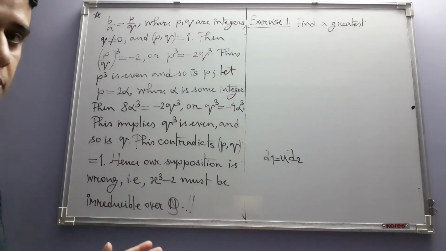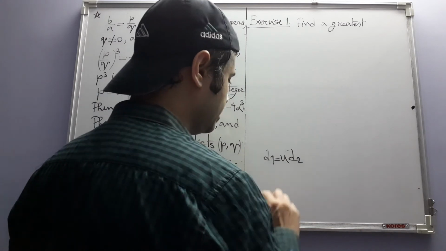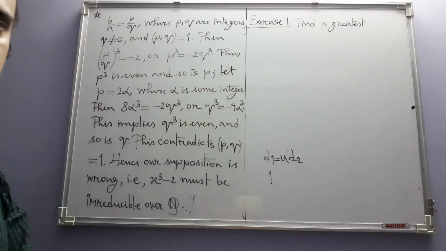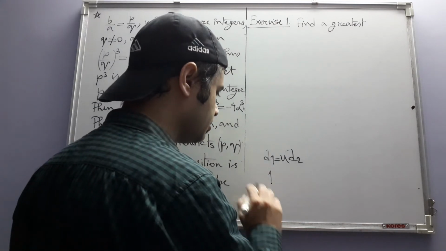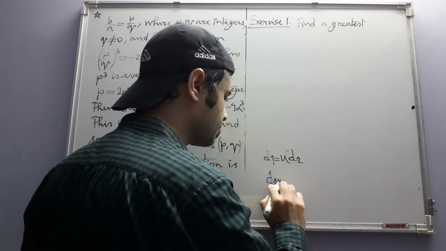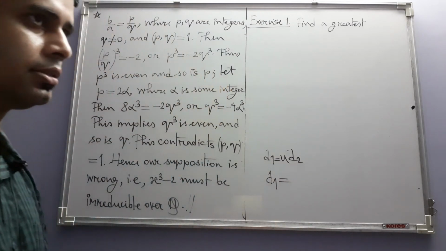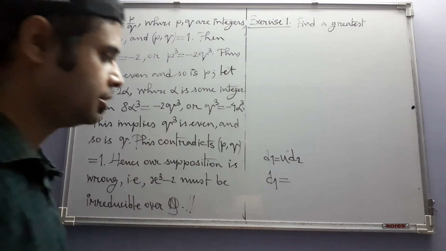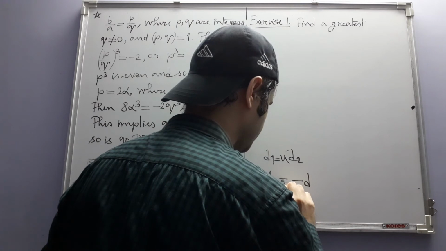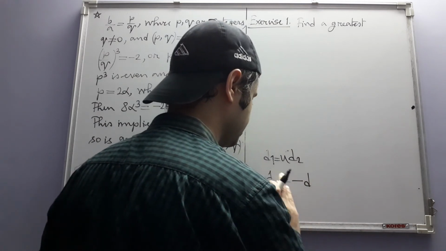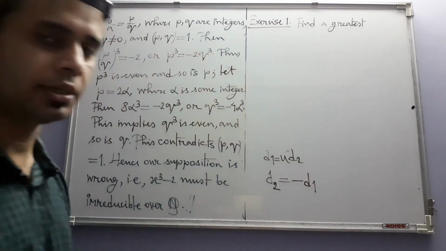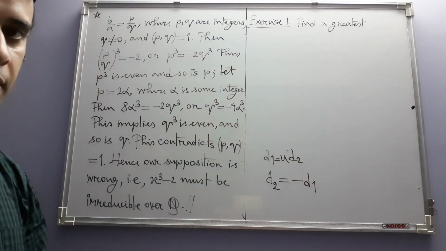I say at least two because we know that every Euclidean ring has a unit element. So if you find one GCD, and the unit element is a unit, its negative is also a unit, then D2 equal to minus D1, its negative, is also a GCD.